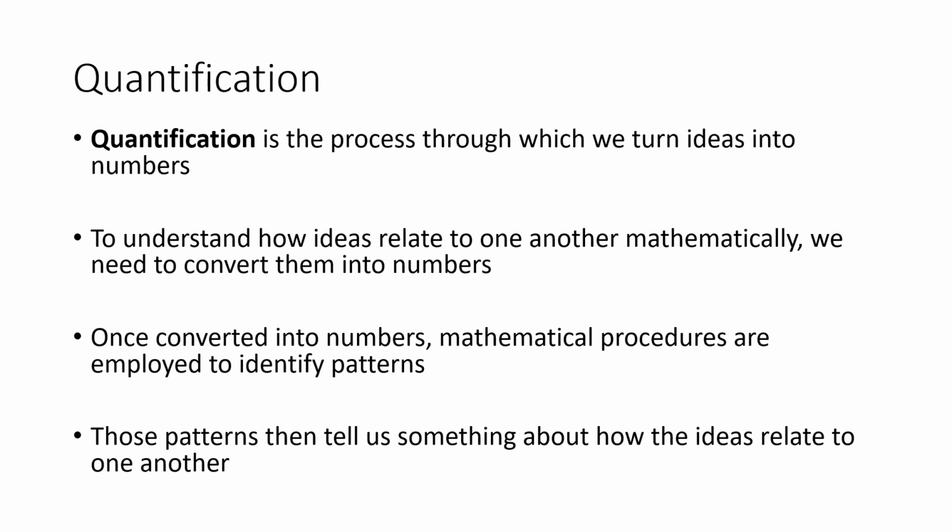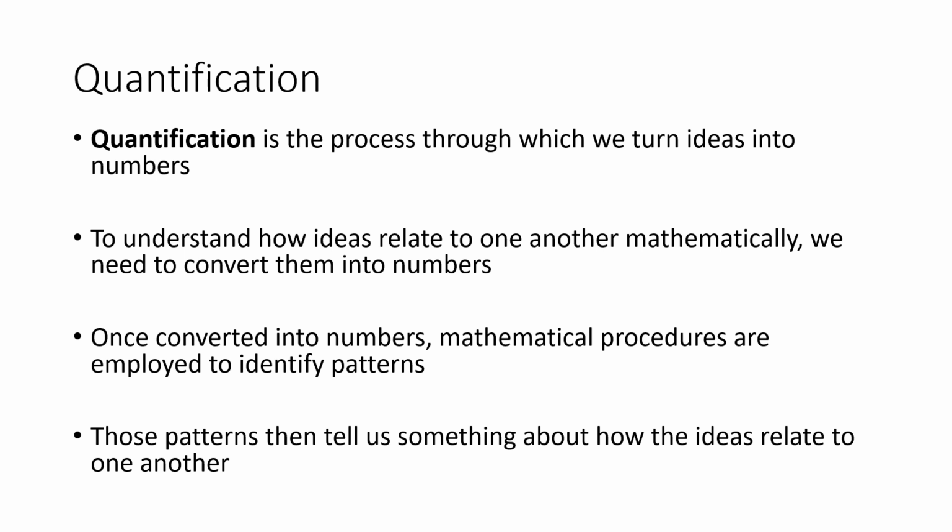But what we can do is take those concepts, those constructs, for example male and female, and convert them into numbers. So we can say that male equals 1 and female equals 2. Or we could say that male equals 0 and female equals 1, or any number of variations.